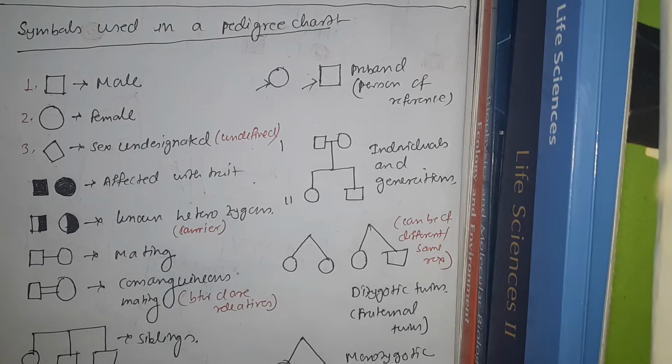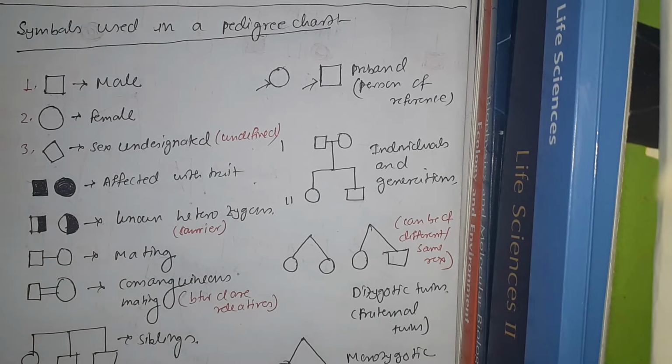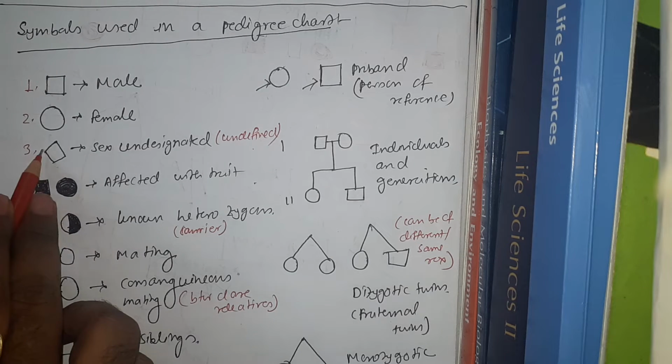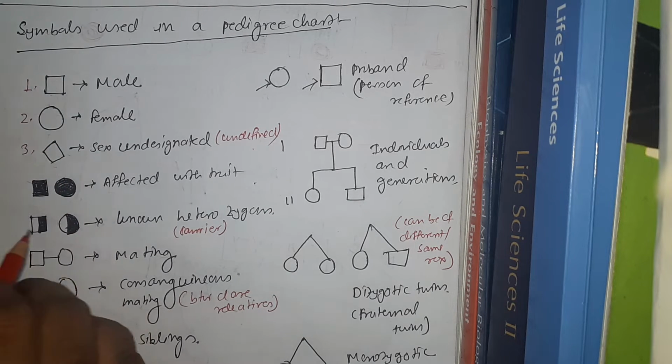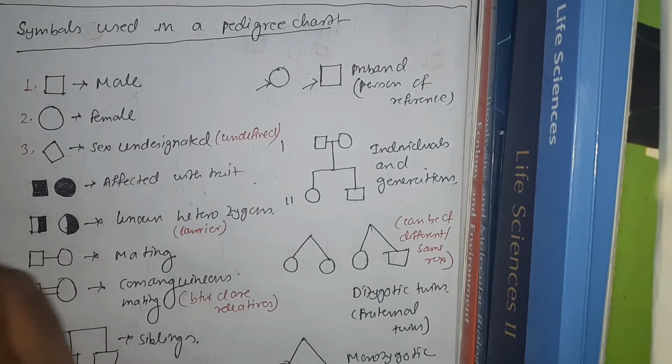It is usually found in questions when they talk about determining the genotype of that individual, or determining the possibility that the individual is diseased or not. I will talk about how to determine those things in our upcoming videos. You don't need to bother about that. So when you find a diamond, that individual's sex is undesignated or undefined.